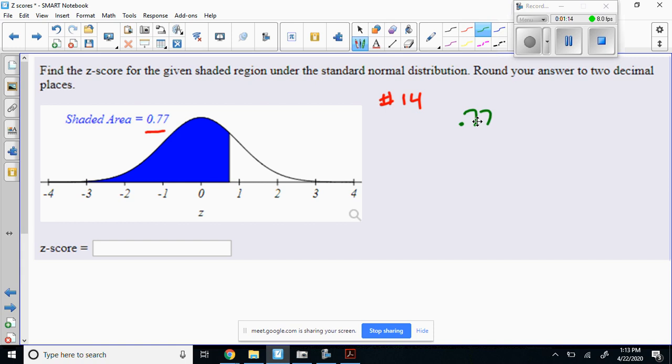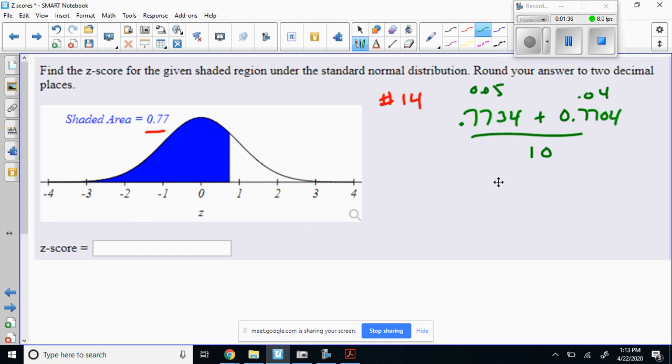But they only wanted it rounded to 2 decimal places. But I'm going to show you something. That's the 0.05 plus 0.7704 divided by 10, right?